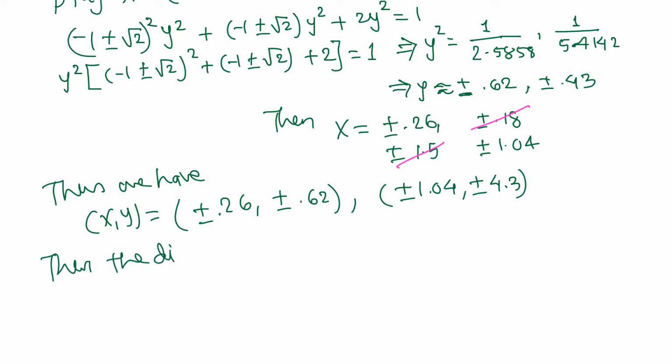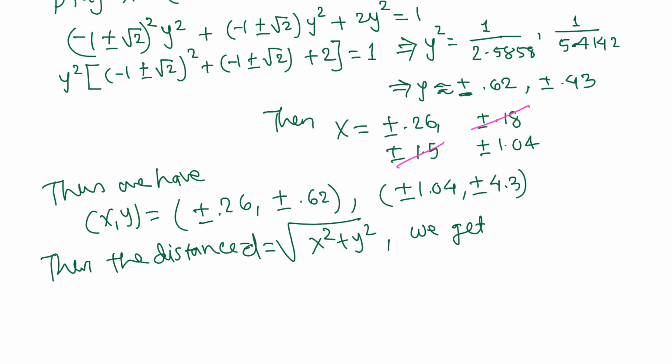Thus the distance d is the square root of x squared plus y squared. We get so many different distances, and because we have squares, plus or minus will be the same. This xy gives us the shortest distance, and this xy gives us the longest distance.